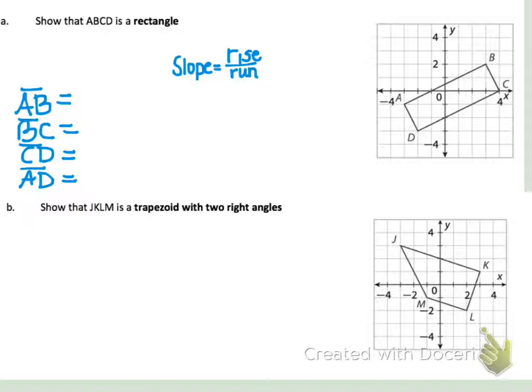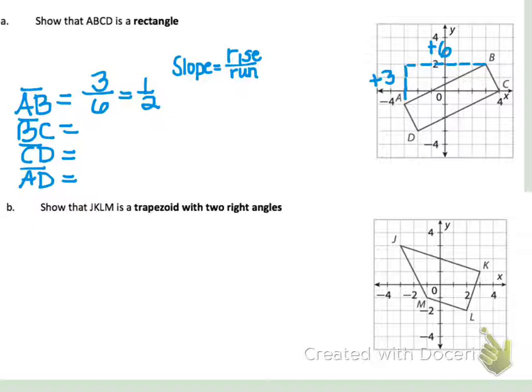To get from A to B, you'd go up 1, 2, 3, so you'd rise 3, and you'd run 1, 2, 3, 4, 5, 6. So the rise is 3, and the run is 6. That reduces to 1/2. So that's my slope.